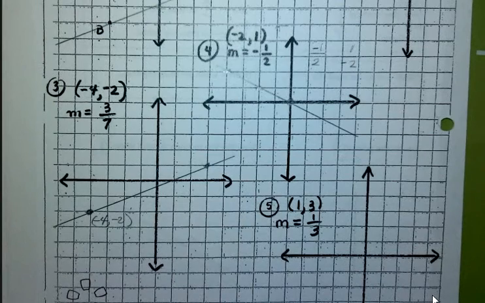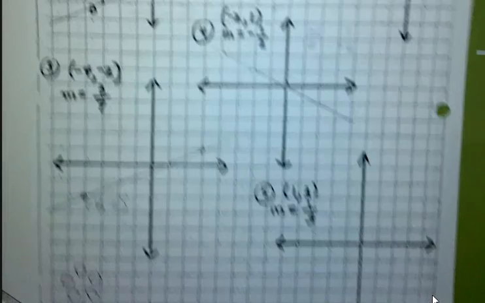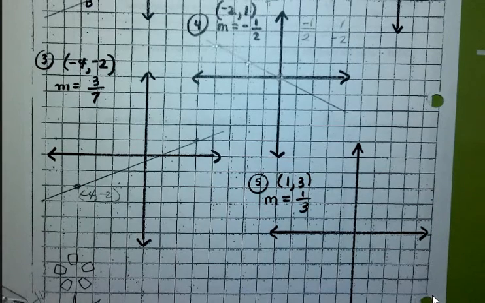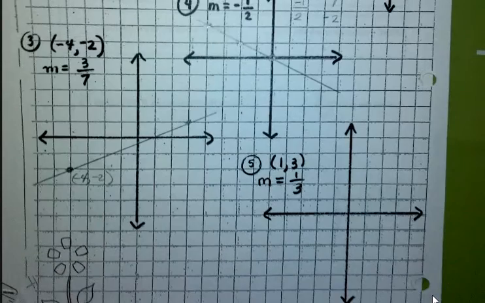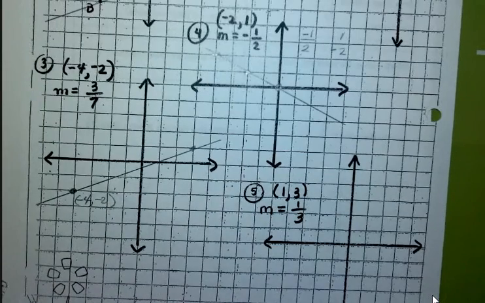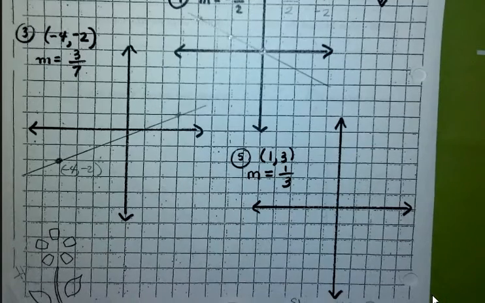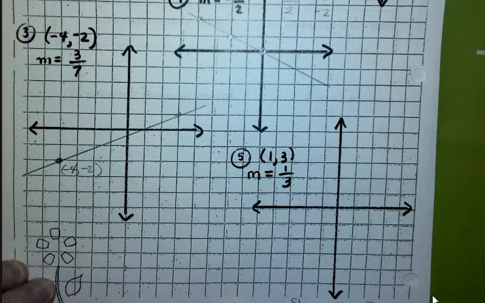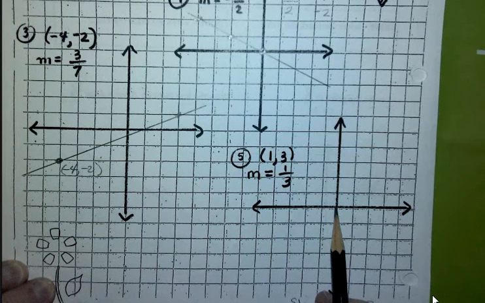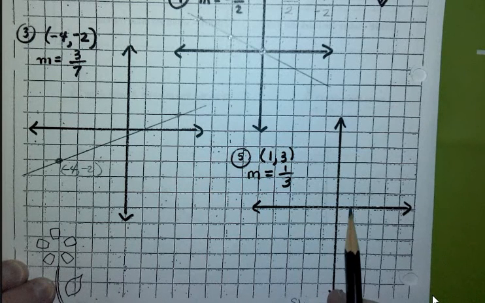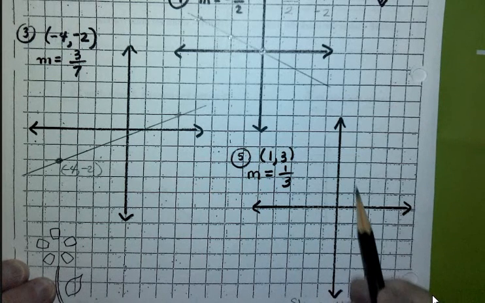And let's look at the very last one, and then you can just think about this before we go on with the next lesson. In this case, my launch pad is going to be at 1, 3. To locate the point 1, 3, I start at the origin and I go horizontal 1, vertical 3. Now I have a launch pad.